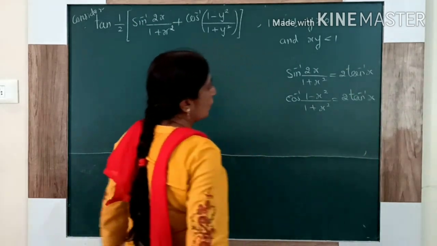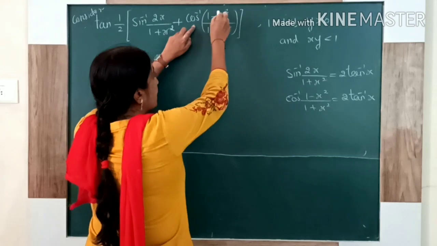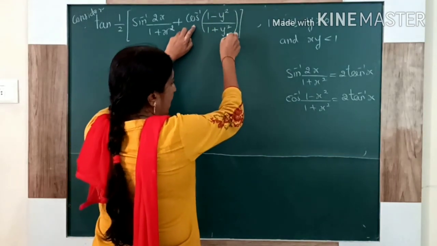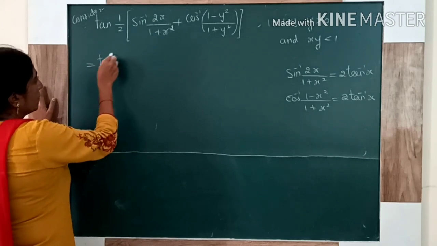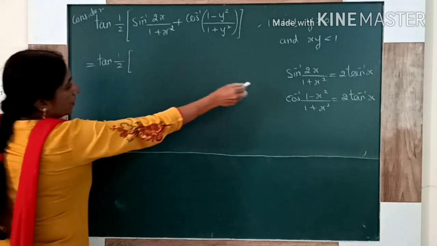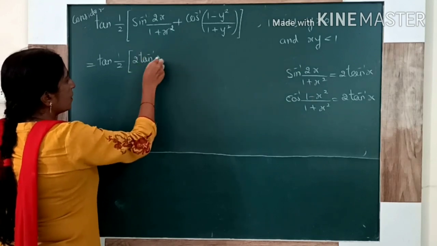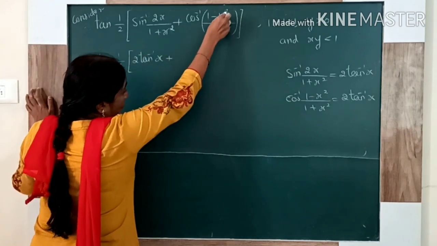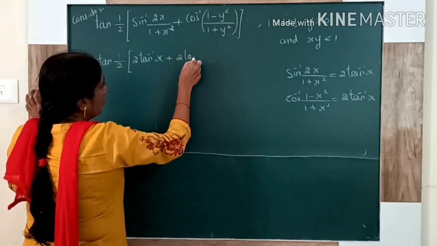I hope all of you remember those formulas. But here in the problem, instead of x they are using y, so write it in the form of y. Refer to this formula: this is 2 into tan inverse x, and the problem is given in the form of y. That's why I am writing it in the form of y.